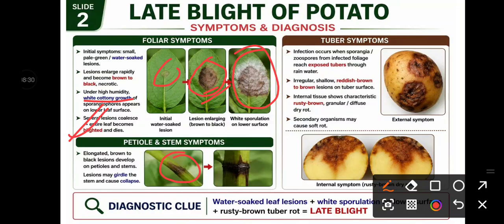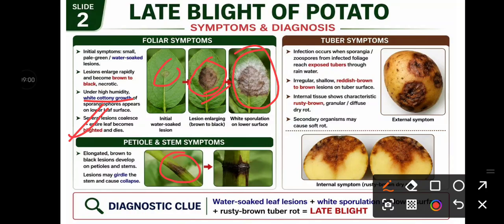Then on the tuber, the sporangia or zoospore infect the foliage and reach the tuber through the rainwater. And which tubers are infected? Where the earthing up is not done. Earthing up means that when tuber formation starts, we put soil to hide that tuber so that it is not exposed.